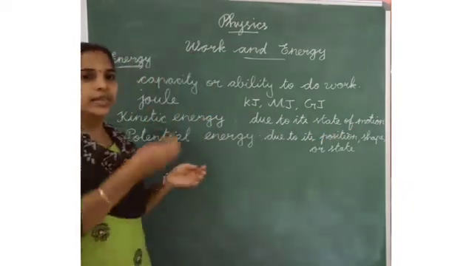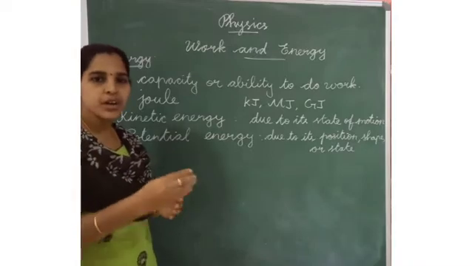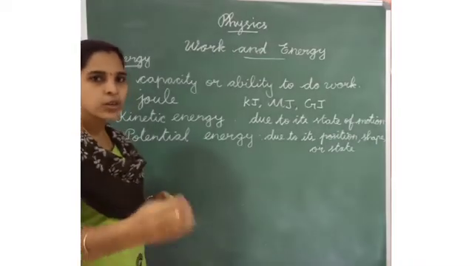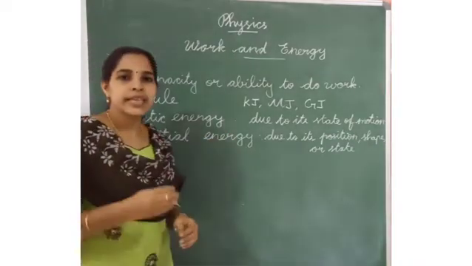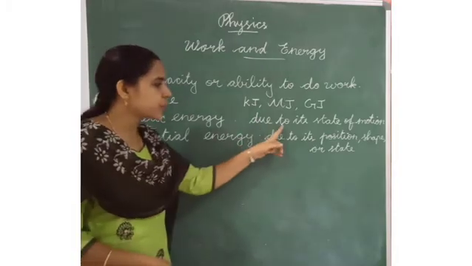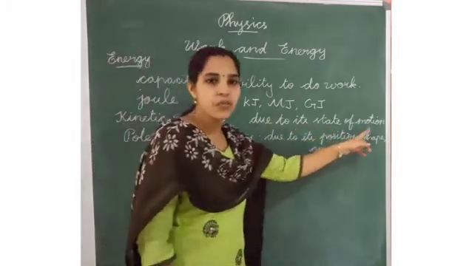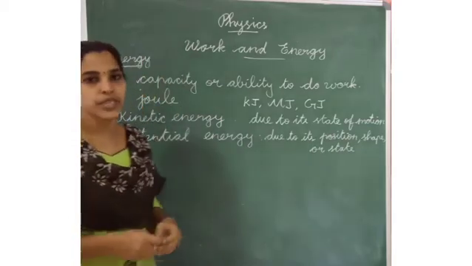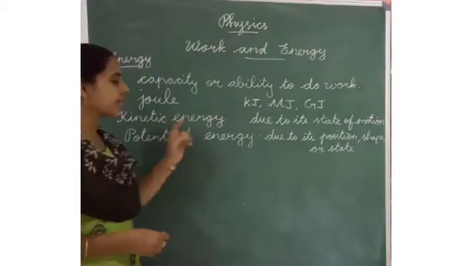It means the object will be moved because of energy. The object is moving. The energy that an object has due to its state of motion is called kinetic energy.